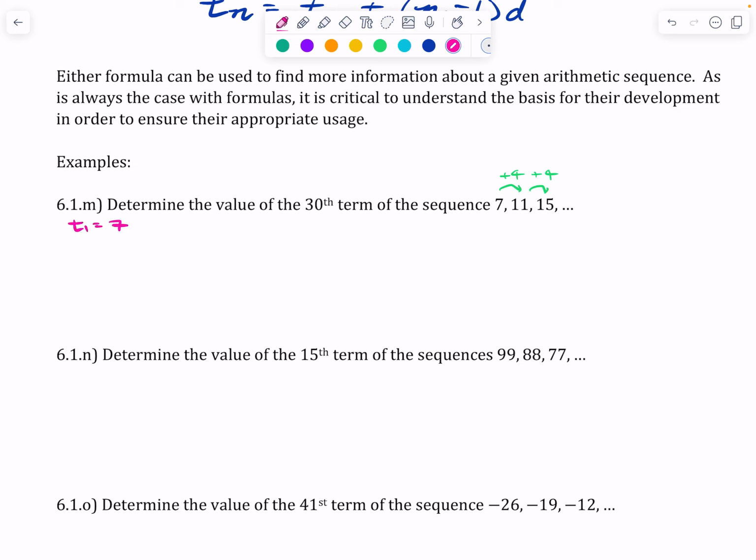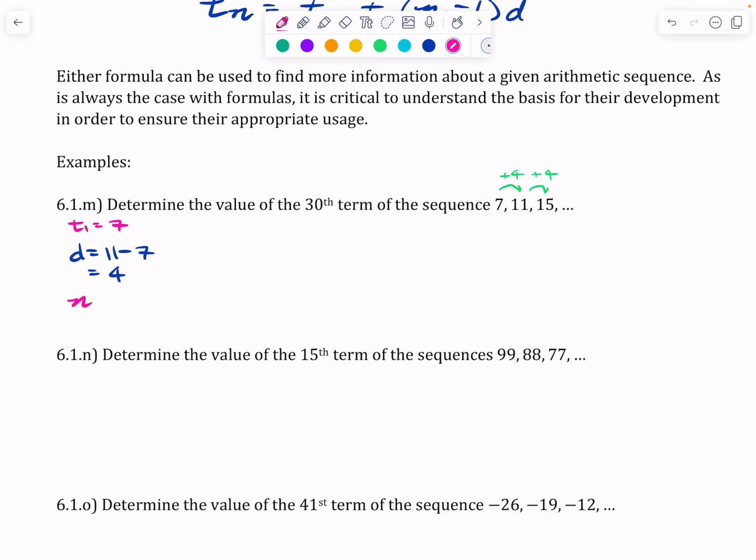We could say the common difference is 4. Actually, we should show how we got that. So we got that as 11 minus 7, which is 4.